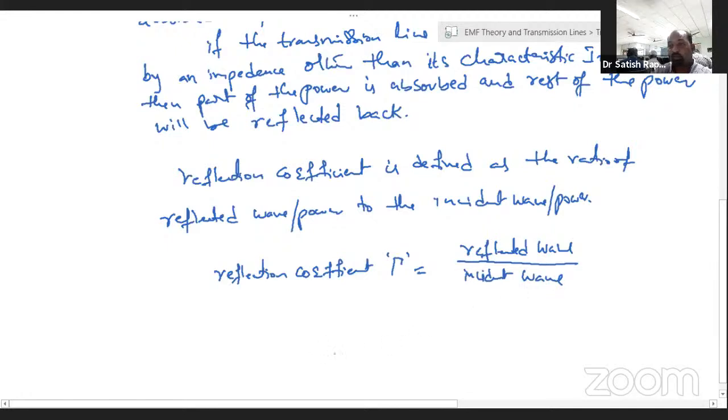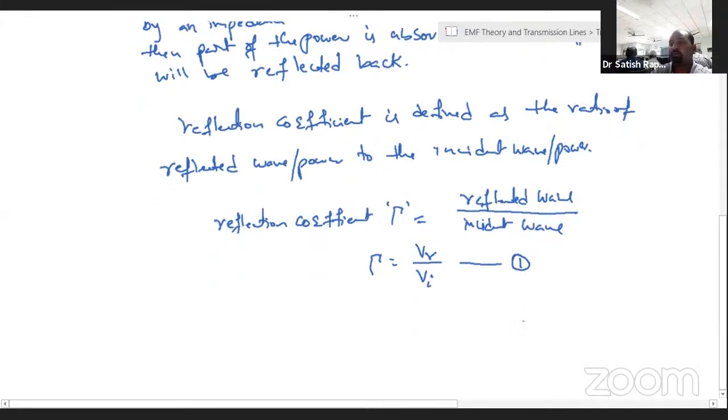So therefore, capital gamma is equal to VR by VI, and let us say this is equation 1.